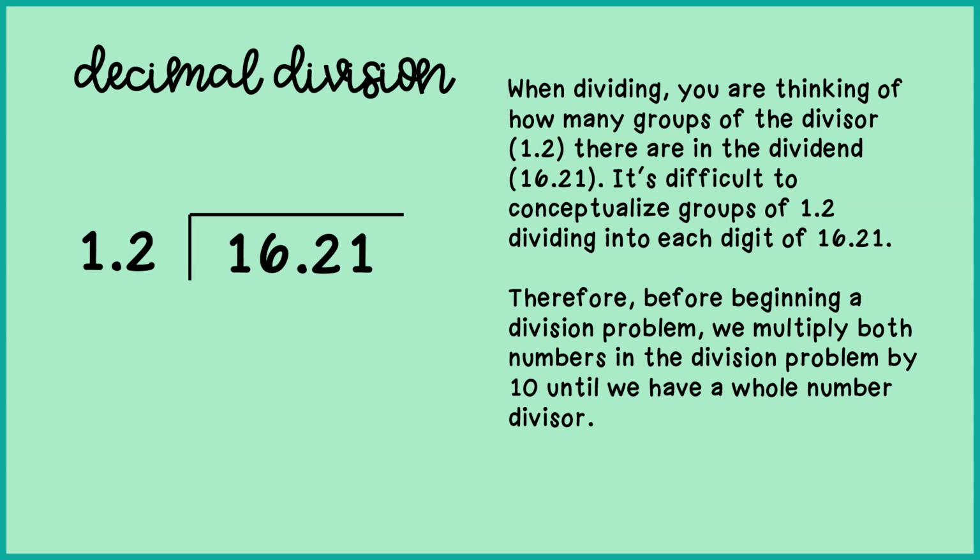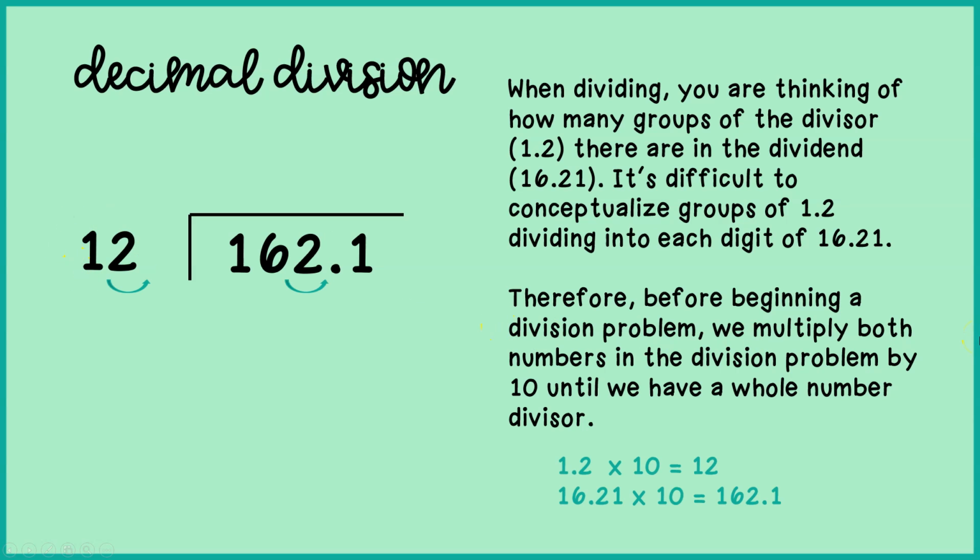And it's difficult to conceptualize, especially as you go deeper into the division. So what we're going to do at the beginning is multiply both numbers by 10 until we have a whole number divisor. The divisor here is this number, 1 and 2/10.